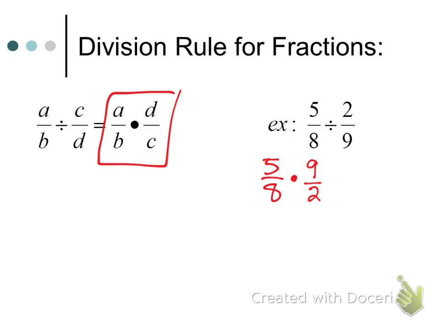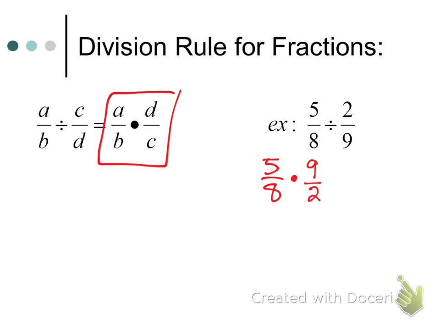And now this looks like a problem that we would have talked about on Monday. Multiplying fractions. How are we going to multiply it? Can we cross cancel anything? No, so what should we do? Multiply what?